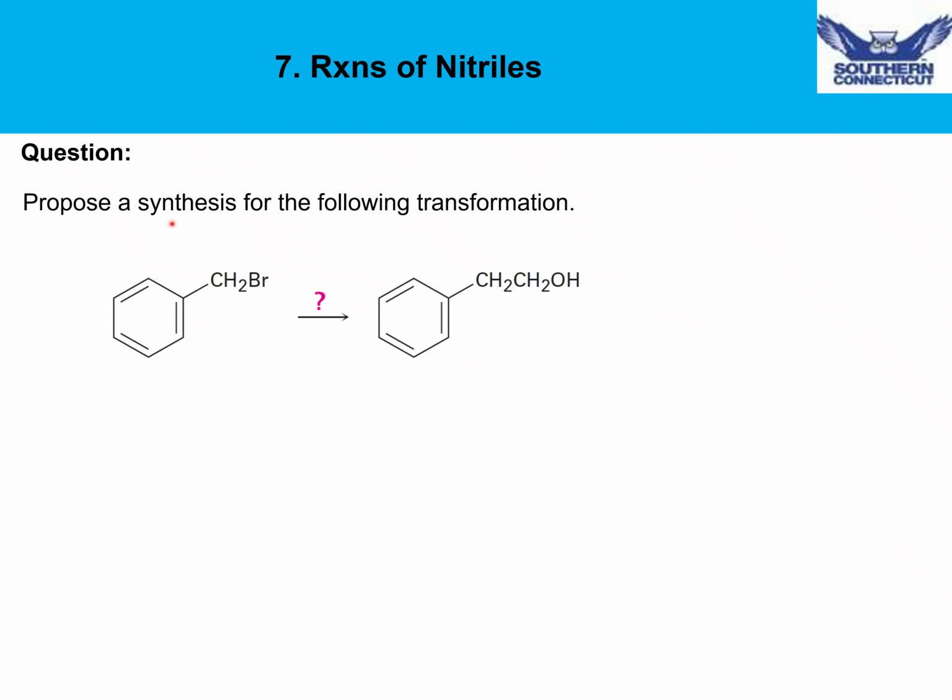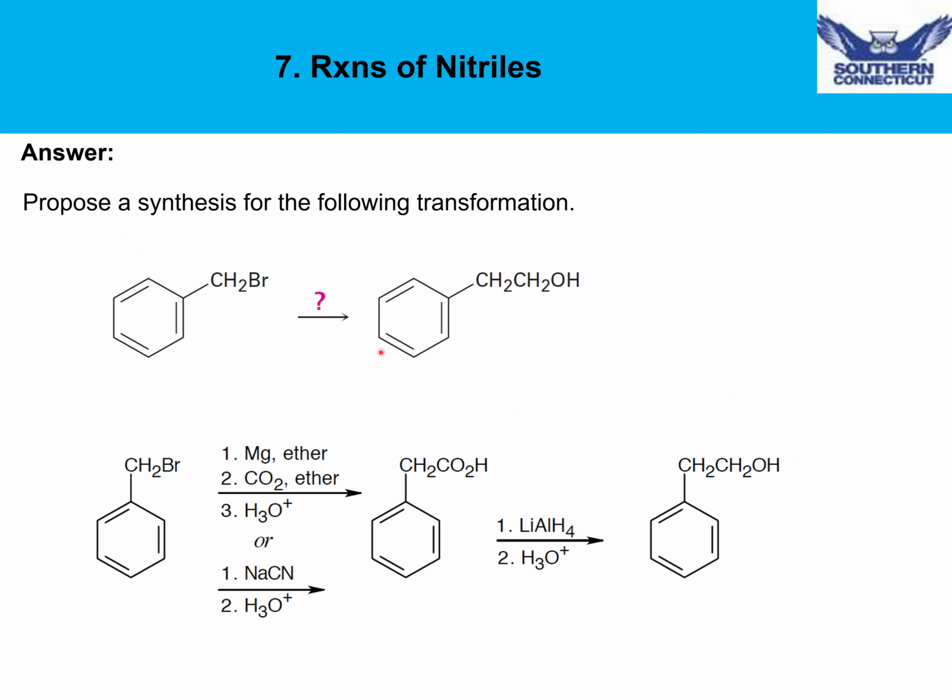In this question, we're going to try to synthesize the following alcohol, starting with this alkyl halide. Note that the alkyl halide has one less carbon, as well as, of course, a different functional group than the alcohol shown as a product.